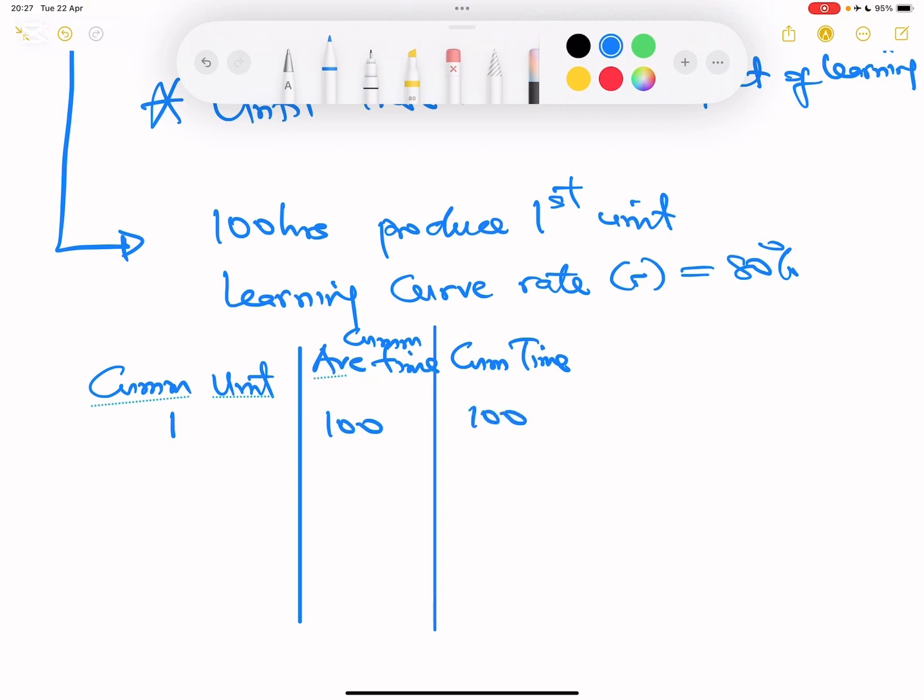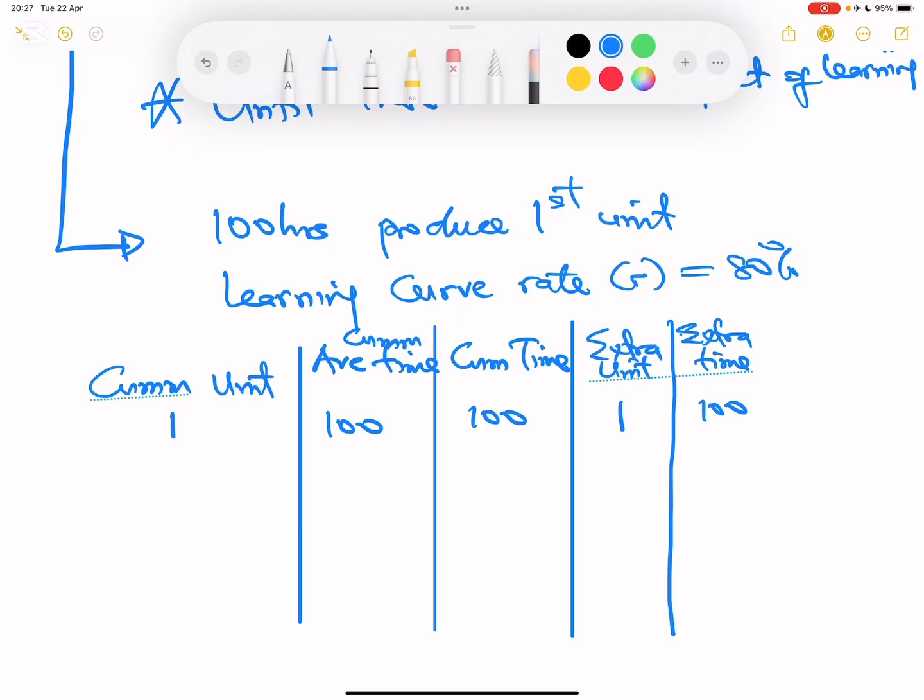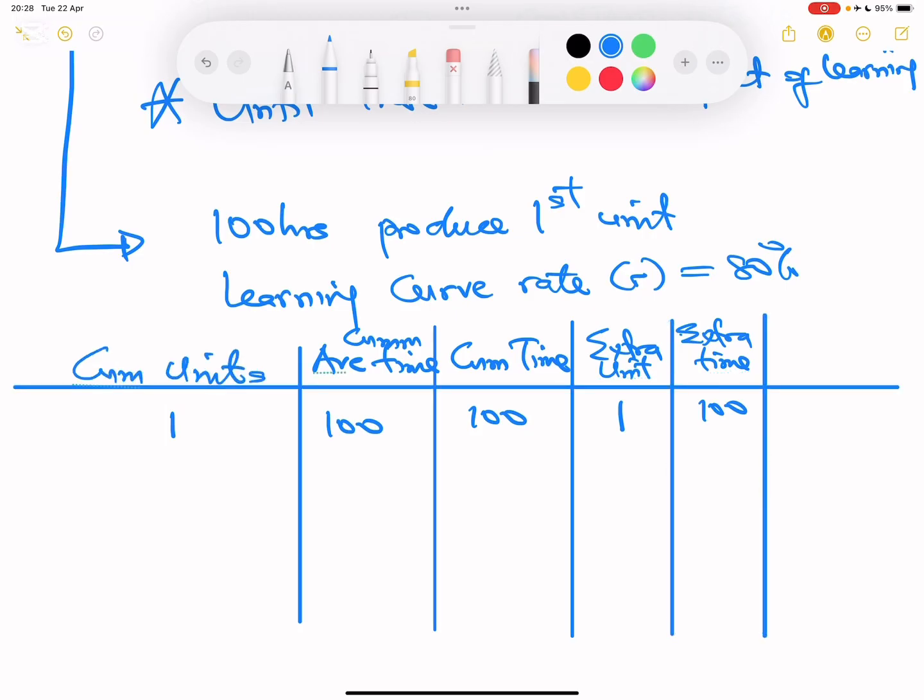For the first unit, how many extra units have been made? Because we are coming from 0, the extra unit is still going to be 1, and the extra time taken to produce that extra unit will always be 100 for our first unit. Please pay attention. This should not give you too much stress.